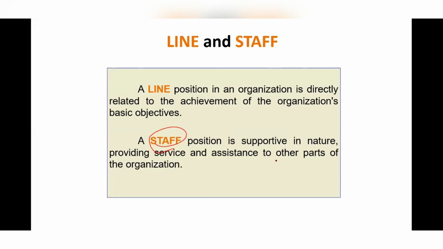Hindi porket staff position, makikita natin mamaya na parang mababa na lagi compared to line. Ang gusto lang niya sabihin, yung line, yan yung naka-front, yan yung gumagawa ng major function. Yung staff, talaga naka-support lang to ensure that the line position will perform their obligations sa kung kanino naman dapat nila i-render yung service o kaya ibigay yung mga products.